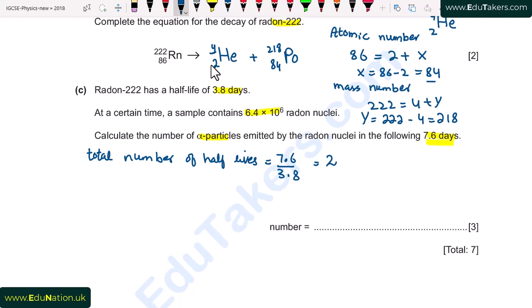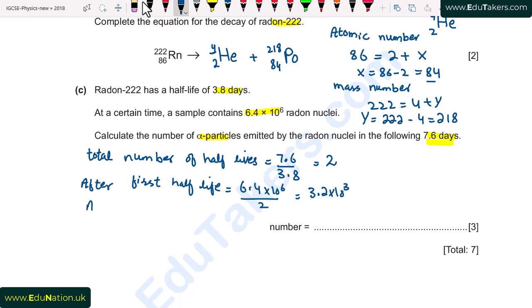So first of all, sample is initially 6.4 times 10 to the power 6. So after first half-life, initial sample remains half, so it will be 6.4 times 10 to the power 6 divided by 2. It becomes 3.2 times 10 to the power 6.